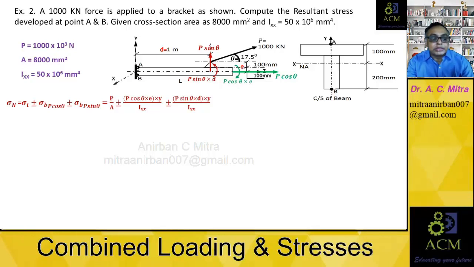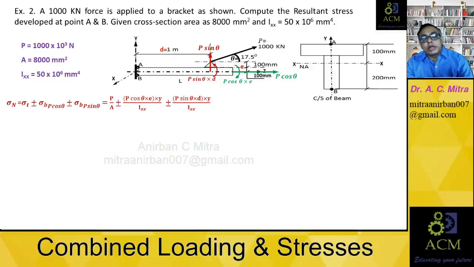The tensile stress, sigma T, will be force by area. Then sigma B for P cos theta will be P cos theta into E, that's a moment, into distance y, divided by Ixx. Similarly, the bending stress due to P sin theta is P sin theta into D into y divided by Ixx.